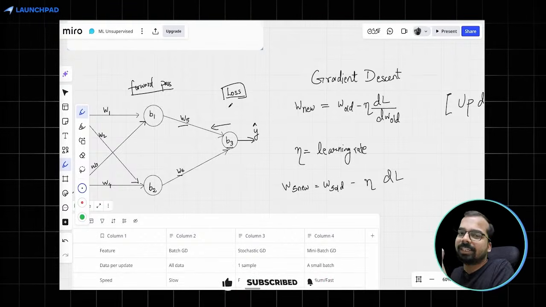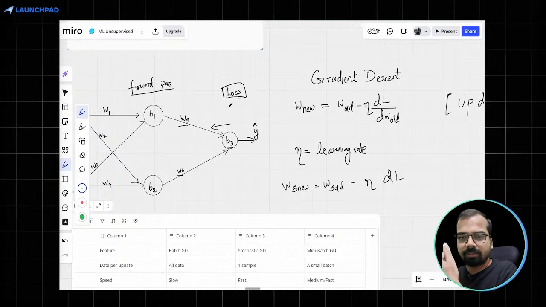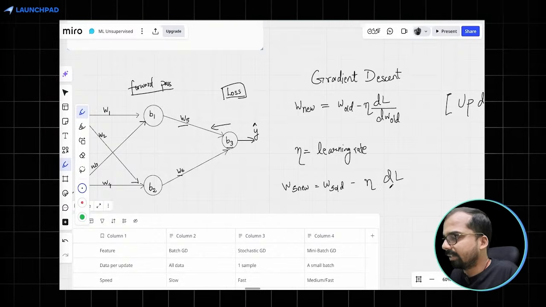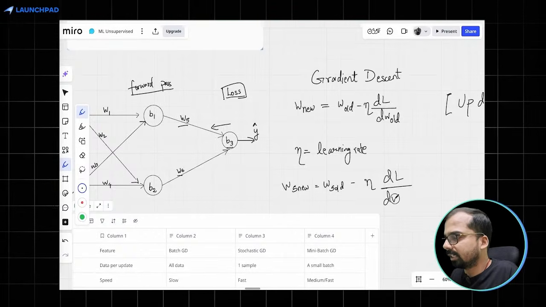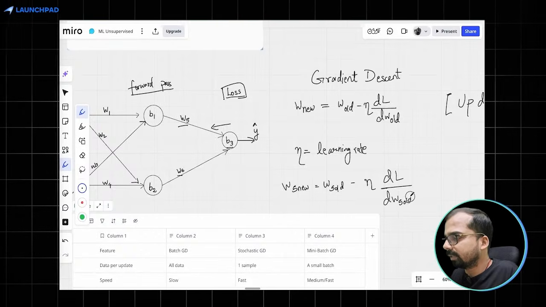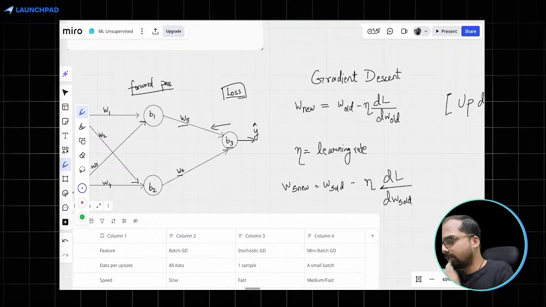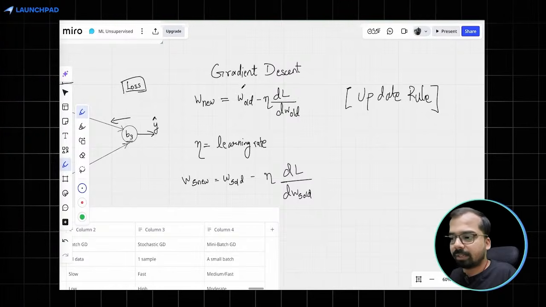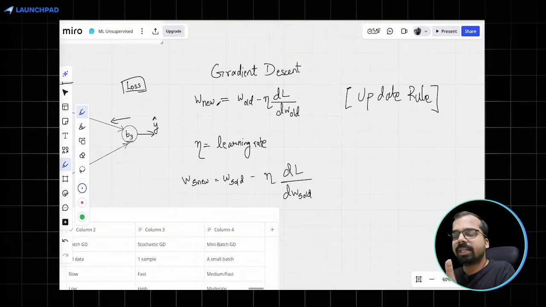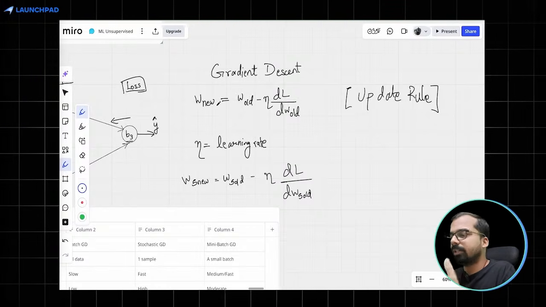We'll study various ways of computing the loss in future classes. Divided by dW5, basically the slope. So what is the meaning of this? Let me come over here. This is also known as the update rule. This is the actual updation that happens in our neural network.